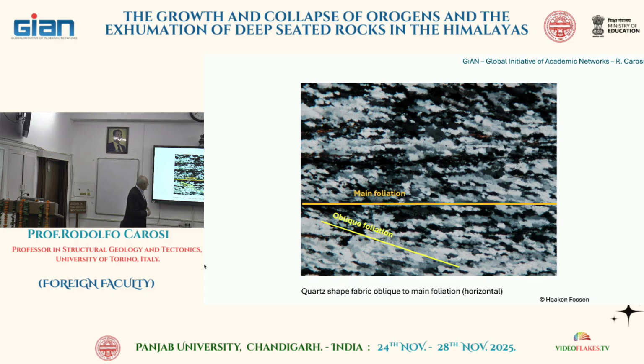It's quite clear. Okay? And the oblique foliation is, of course, related to the sense of shear, because to have grains elongated in this way, you have a compression like this, extension like this, it means a sinistral sense of shear.